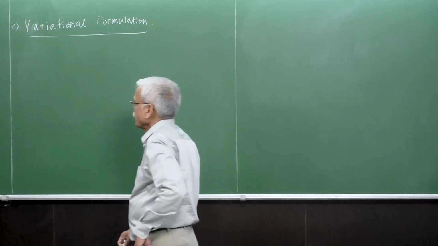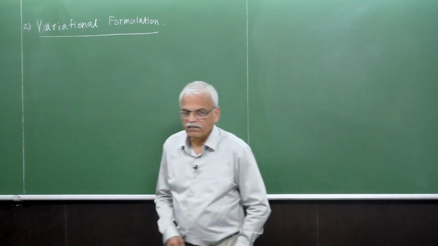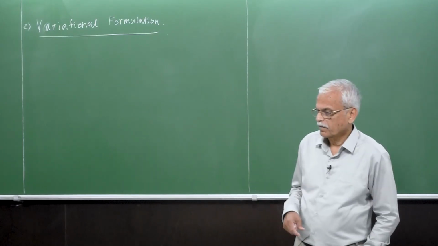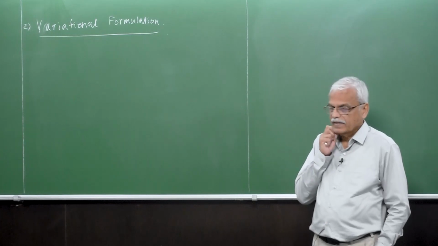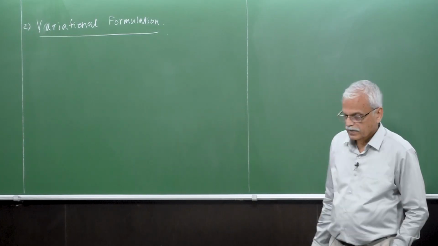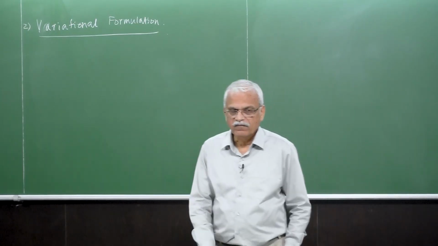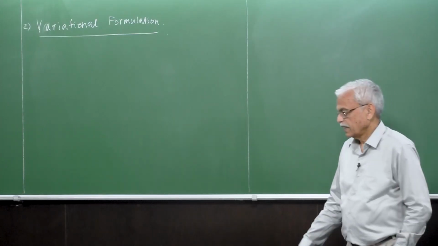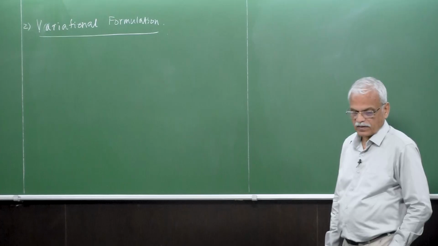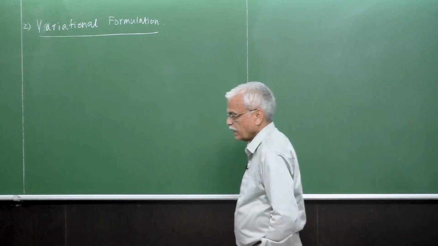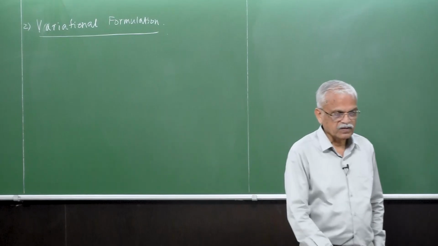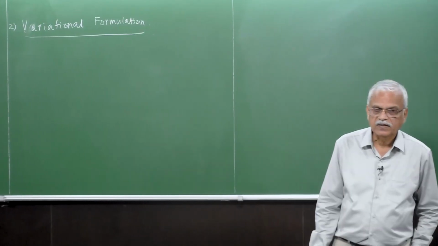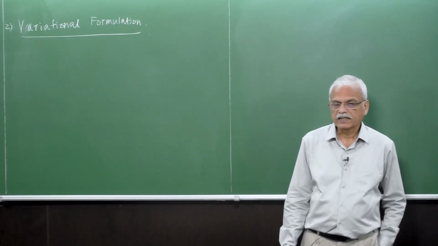What we are saying here is that there is a second way of defining the problem from the physics to the mathematics. That is the variational formulation, which is a very popular kind of formalizing, and which has been there for many, many centuries, since Rayleigh's time. In this variational formulation, we define it in such a manner that we obtain the solution as a minimization or a maximization of a certain quantity.